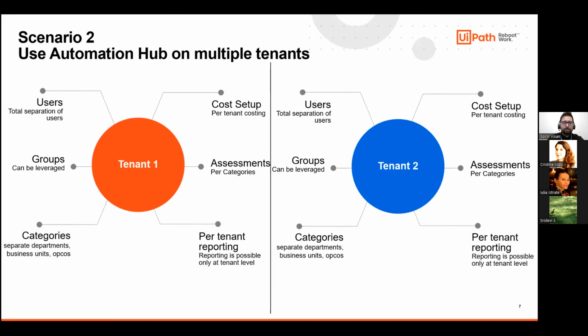And as we heard a lot of times, there's no concept of having, let's say, a global view, right? So getting information from both of these tenants into a global view. Of course, probably technically you can do that using the API, but there's nothing out of the box in the UI that allows you to have this reporting, right?